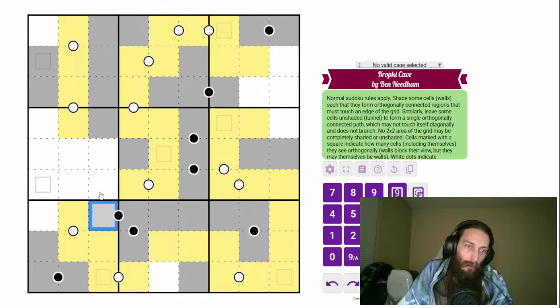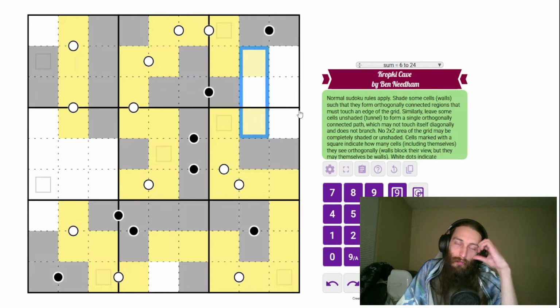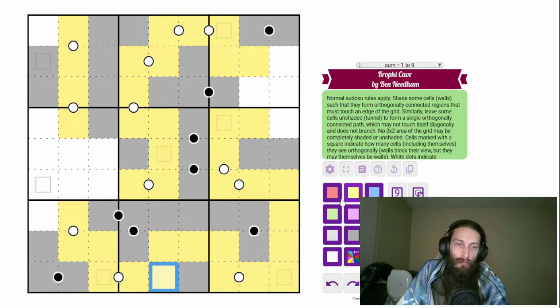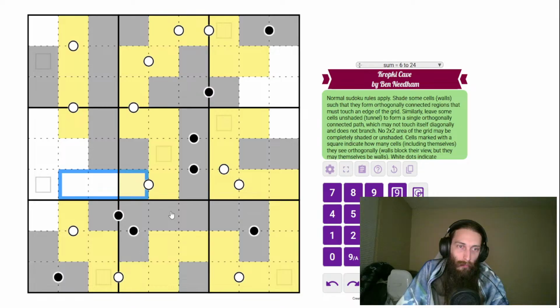And now, well, it could reach... No, because this has to connect to here, so there's no way for this to get to the wall. So these have to connect. Uh-oh. Something's wrong. This has to reach out to the wall. This has to escape.